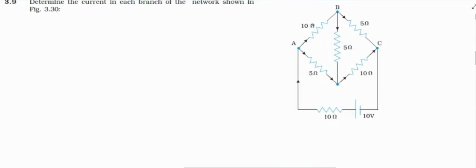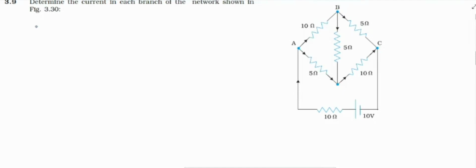If you take 10 by 5 and 5 by 10, the ratio is not satisfied. If the ratio is not satisfied, you can conclude it is not a balanced Wheatstone bridge. As it is not a balanced Wheatstone bridge, there is no other option in front of us. We have to go for Kirchhoff's rules. That's all.